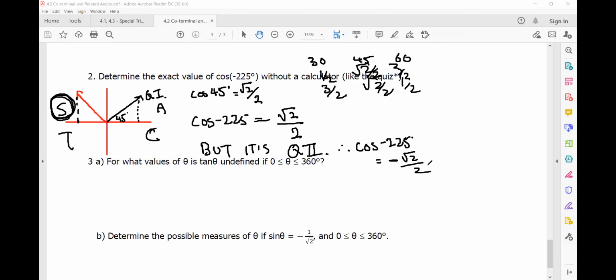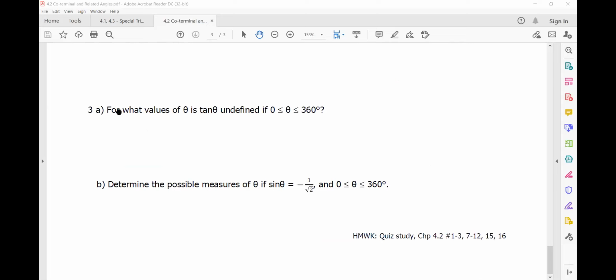We can try number 3b as well. How about we do this as a last one, and then we'll take a look at it again after the test.